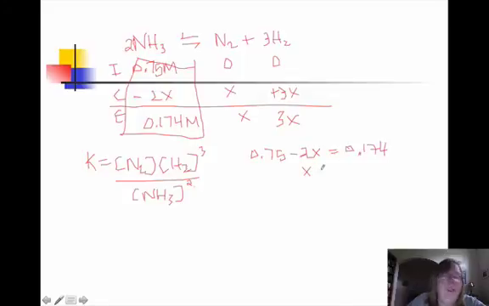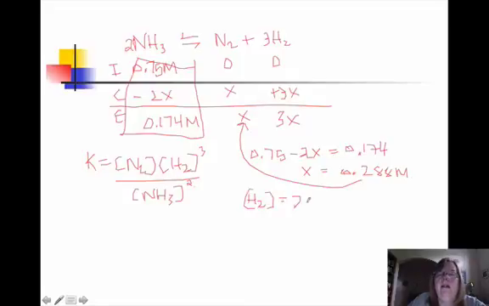So x is equal to 0.288. All right, so at equilibrium, that is nitrogen's concentration, and then 3 times that will be hydrogen's concentration. So hydrogen's concentration is 3 times 0.288, and we get hydrogen's concentration to be 0.864.